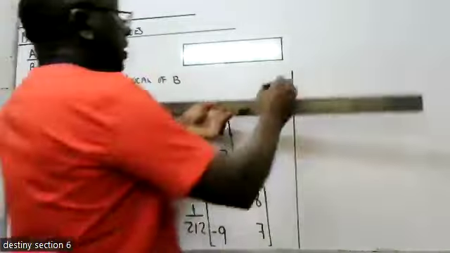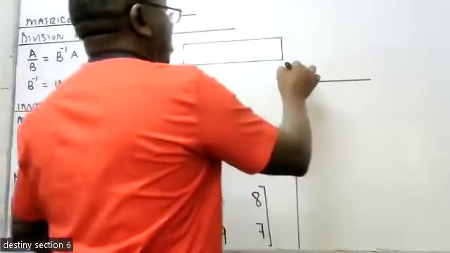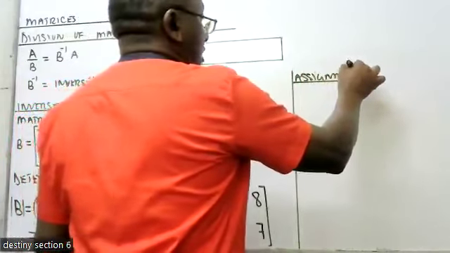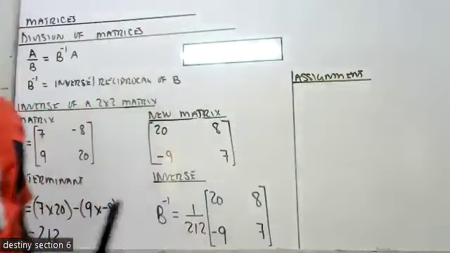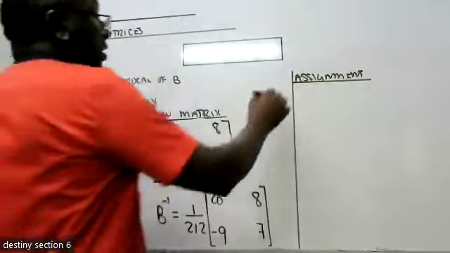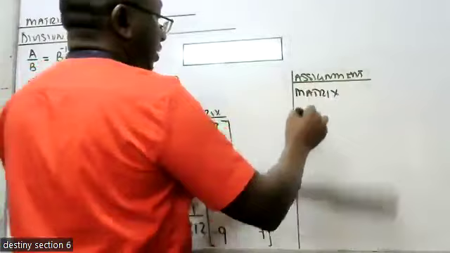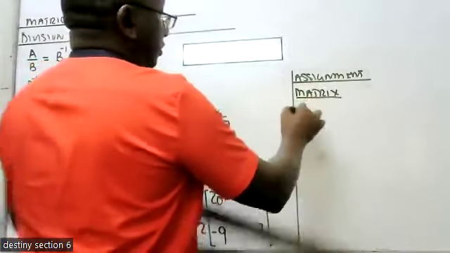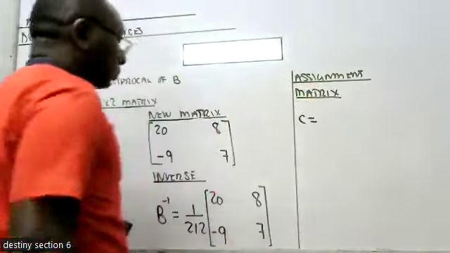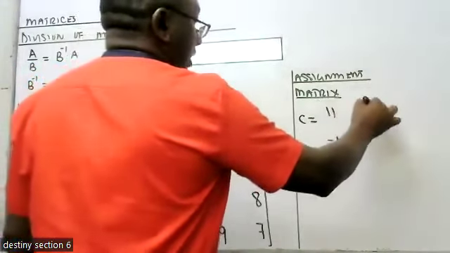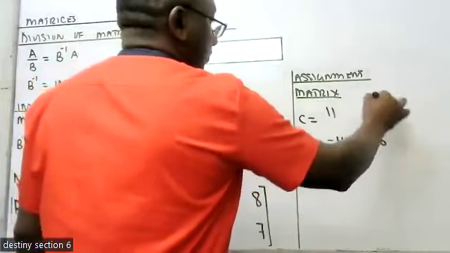Now for your assignment on that, you can have matrix C, which is 11, minus 4, minus 10 and 16.